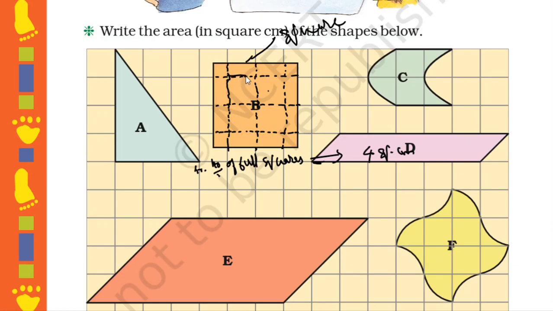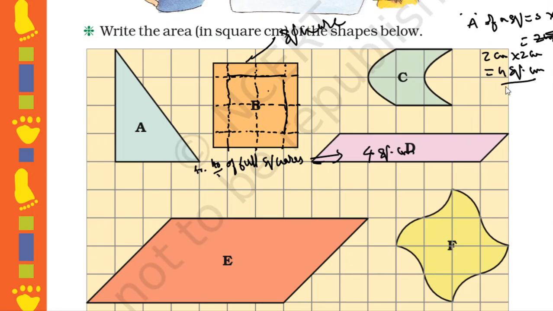Suppose this is 2 centimeters and this is also 2 centimeters. Then 2 centimeters into 2 centimeters is equal to 4 square centimeters.